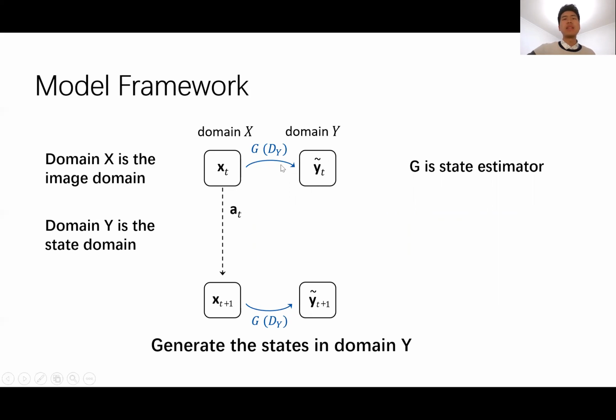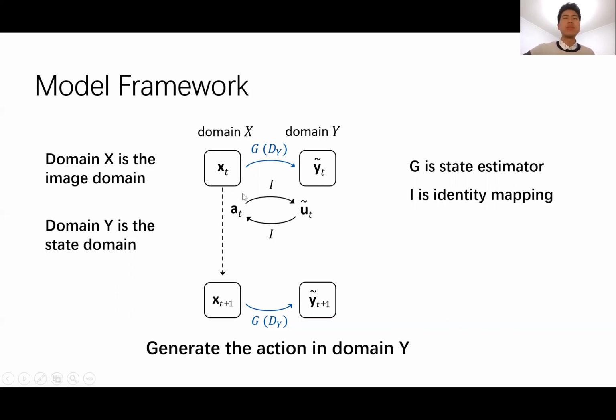So we predict yt from xt, and we predict yt plus 1 from xt plus 1. Also, we have a lot of random samples from domain Y, that is the real yt. And we use a discriminator and an adversarial learning method to make sure that the generated Y lies in the correct domain Y distribution. That is to say that the generated yt is meaningful.